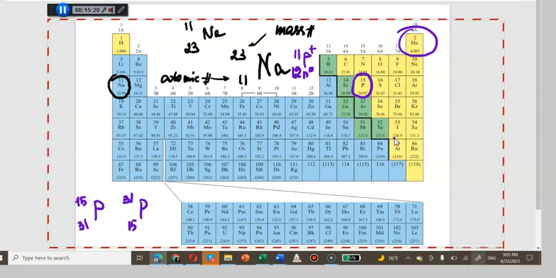So here is atomic number 15, and 31 is mass number.